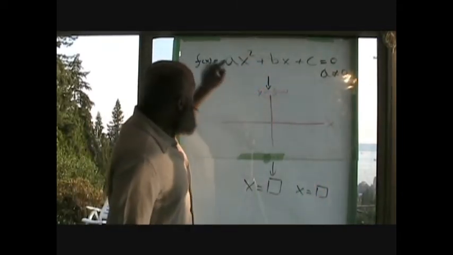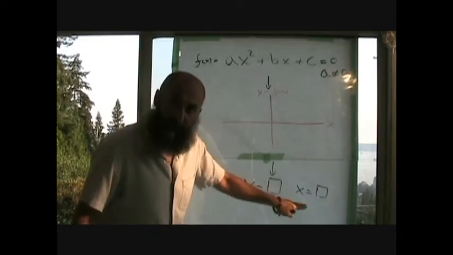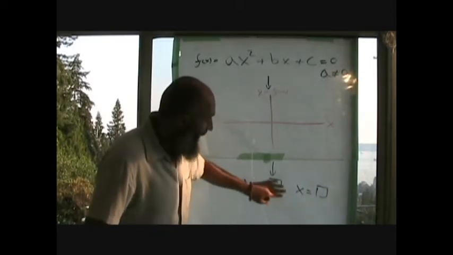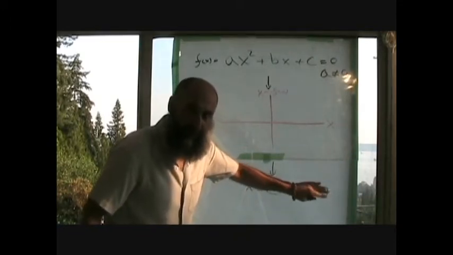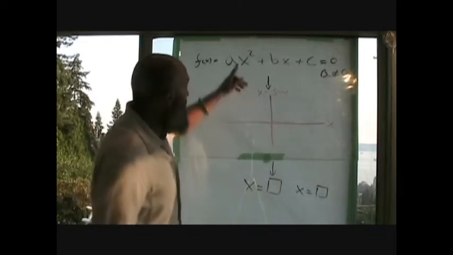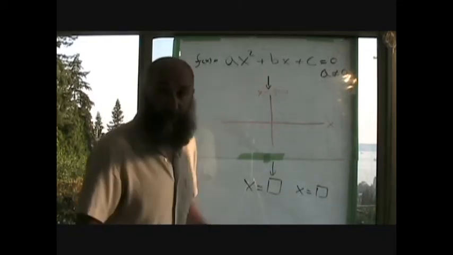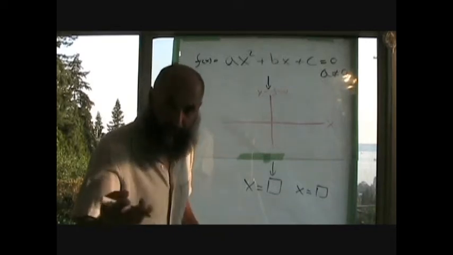right? So whenever we're solving quadratic functions, we can have either two solutions, two x-intercepts, one x-intercept, or no x-intercepts. Now I'm going to draw three different parabolas here, but a quadratic function only graphs one parabola. So if I draw three different parabolas, that's three different functions, right?